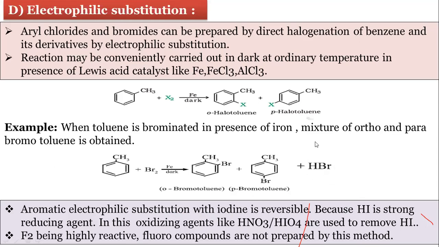So HI will not be prepared. If HI is prepared here, it will react and give back the reactants. F2 being highly reactive, fluoro compounds are not prepared by this method. And if we want to prepare iodine compounds, we have to use oxidizing agents here.